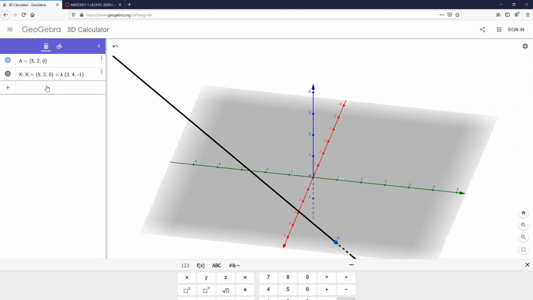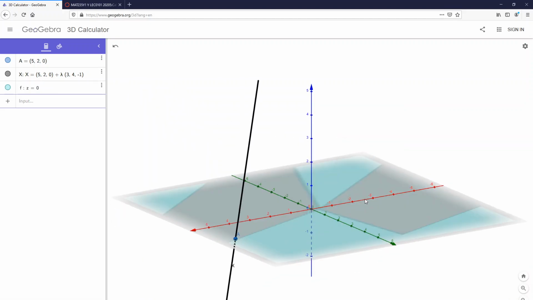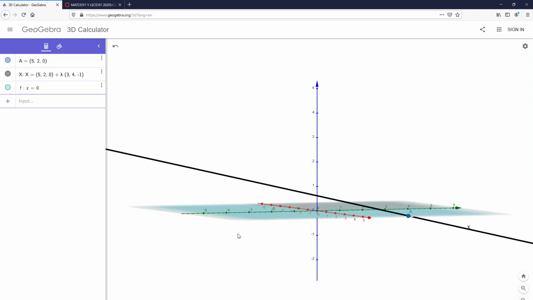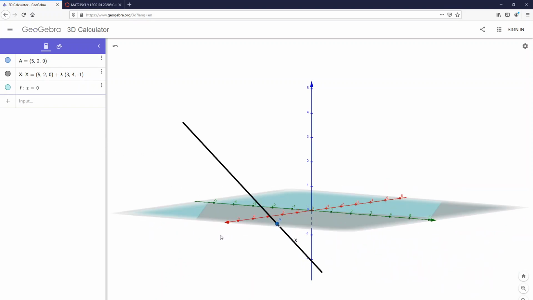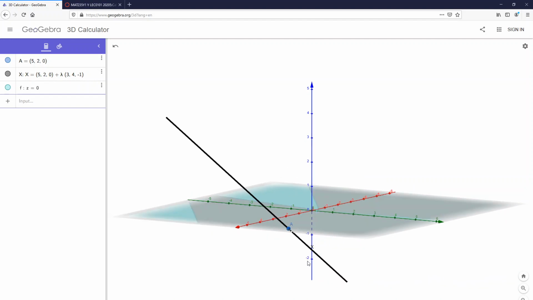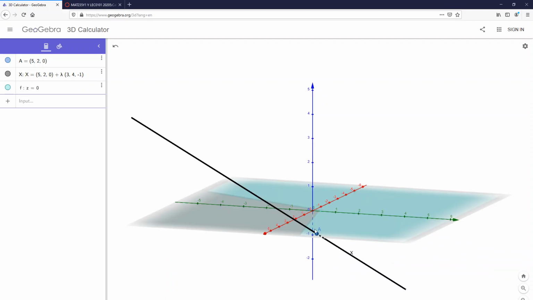Then for the xy plane, z is equal to 0. So there we go. So here's the line, this is the point, and then the plane. So this is actually where it intersects the xy plane.